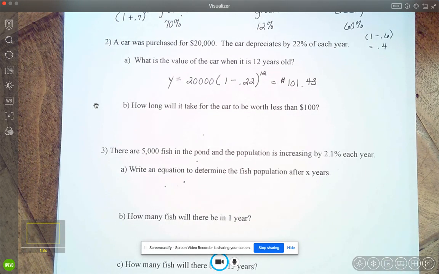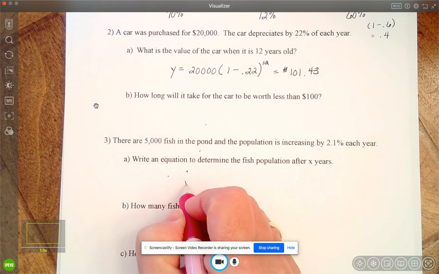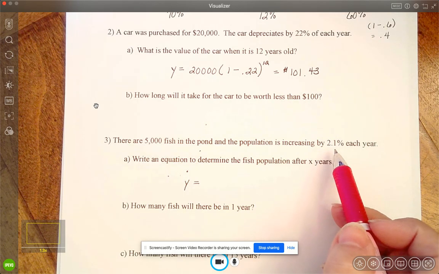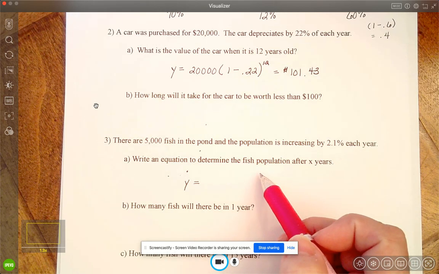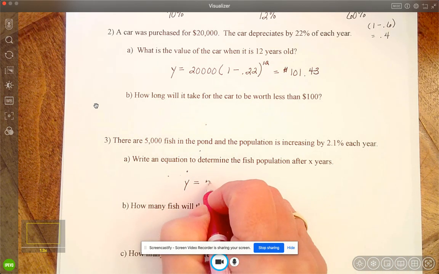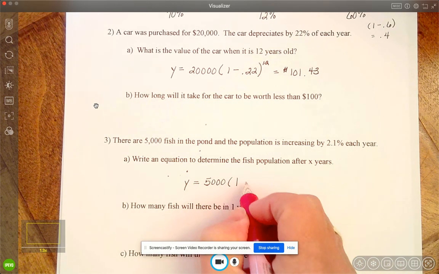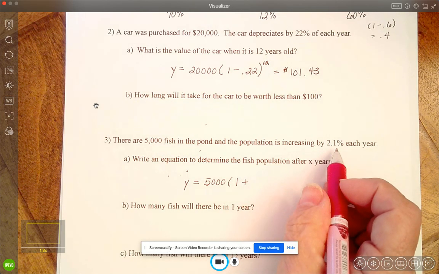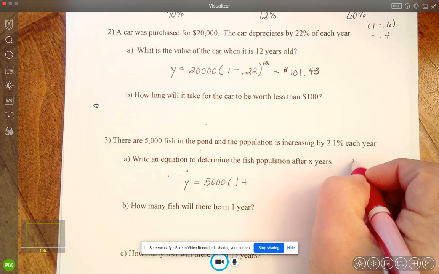So here is one where we have an increase. There are 5,000 fish in a pond, and it is increasing, which is going up 2.1% each year. Write an equation to determine the fish population after X years. My initial amount is 5,000. We are growing, so it's going to be a plus. Okay, 2.1%. Remember, I moved the decimal 2 places, so 2.1.